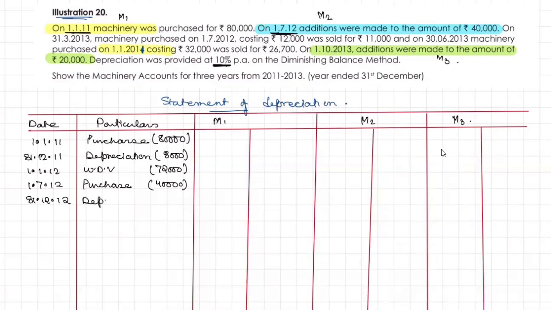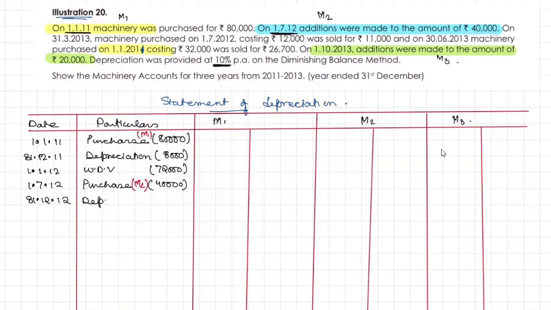How will this depreciation be calculated? 72,000 was the WDV of M1, and this purchase is of M2. Once I write it in their respective columns, you'll get it.